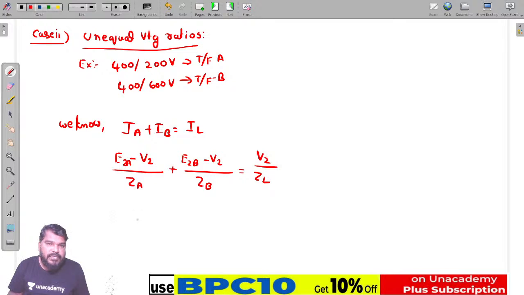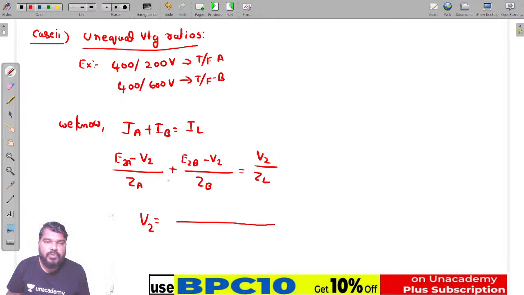From this equation, find V2. How do we get V2 here? Simplify this equation. V2 is equal to, anybody got it?